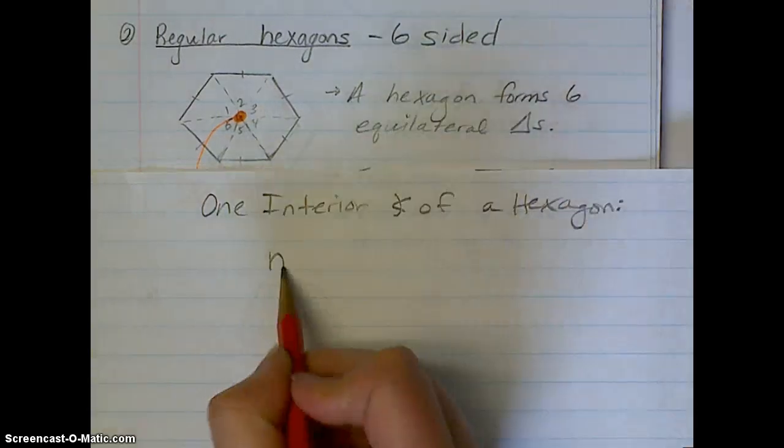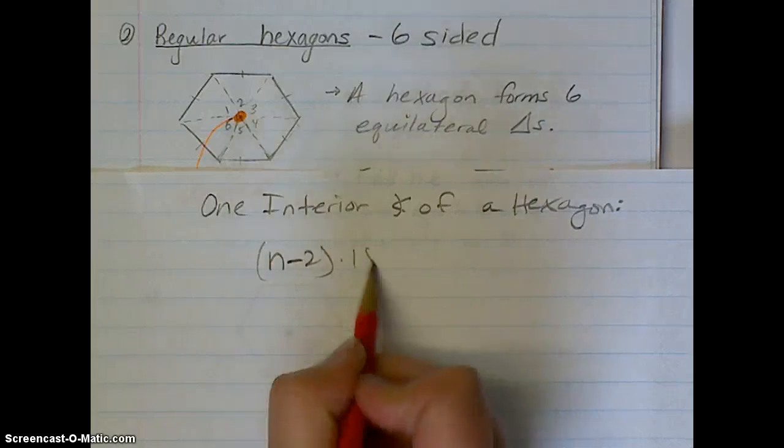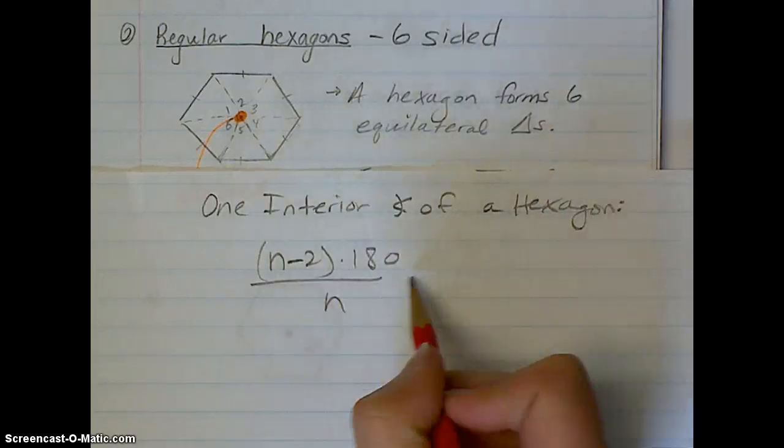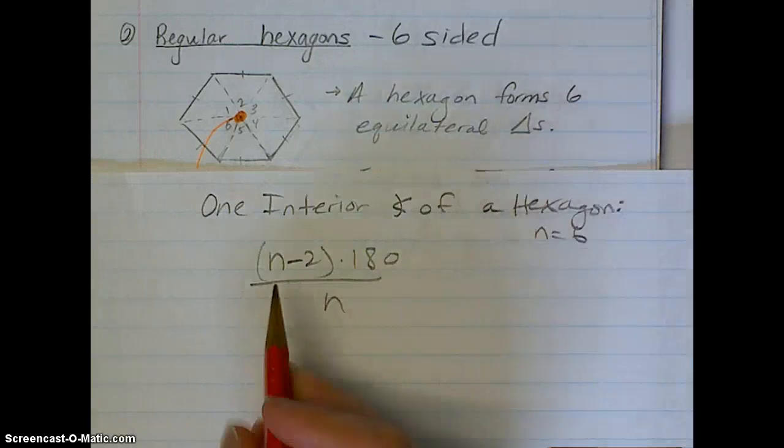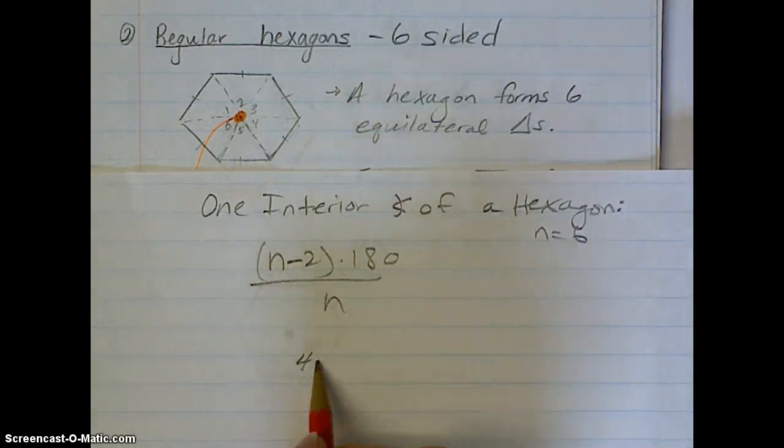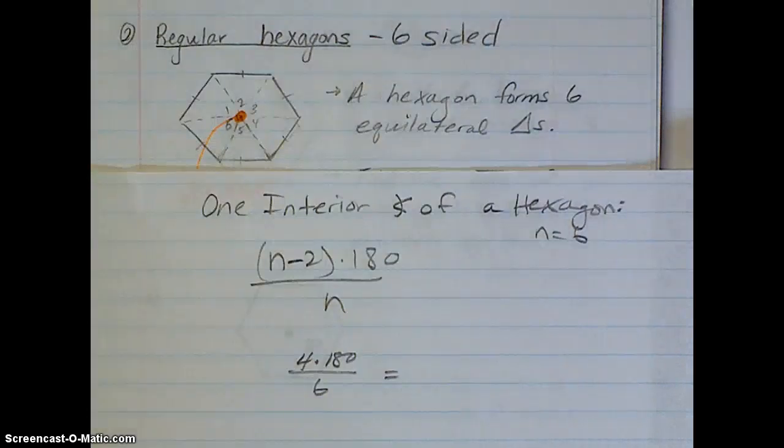Remember, that's our formula, n minus 2 times 180 divided by n. And in this case, if it's a hexagon, n is 6. So 6 minus 2 is 4, 4 times 180 divided by 6. Whoops.